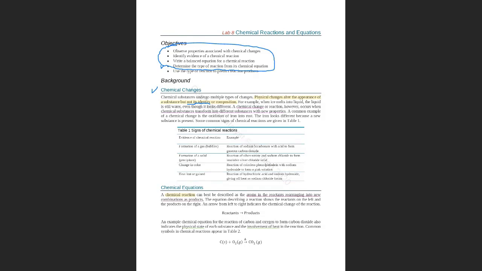But what is the difference when we are in the presence of a chemical change? This week the 7 experiments are chemical changes. So what is the main difference? Here it says a chemical change or reaction occurs when chemical substances transform into different substances with new properties.